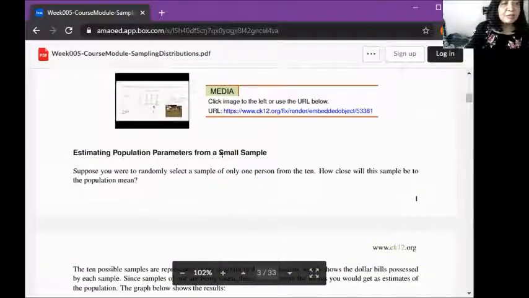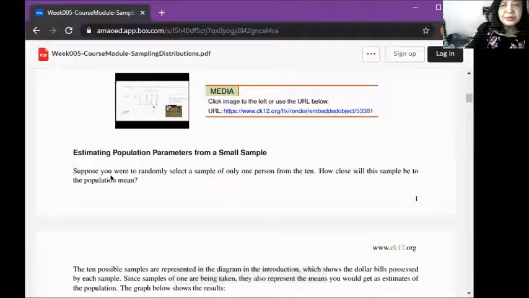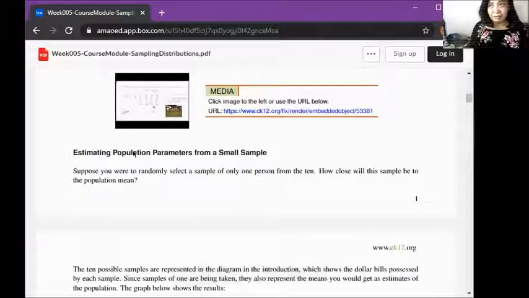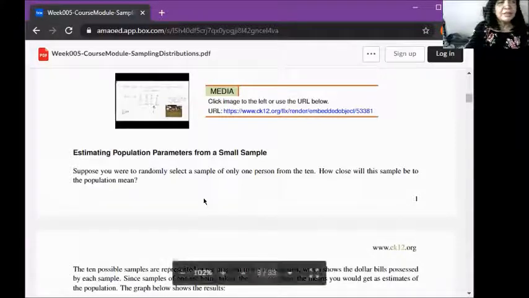Estimating population parameters from a small sample. This is how to estimate population parameters if you just have a small sample, like the previously given example. Suppose you were to randomly select a sample of only one person from the 10.